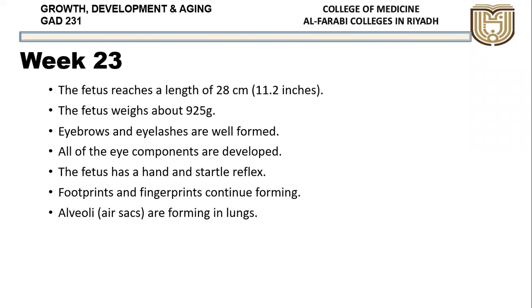Even footprints are very specific. These are formed at this stage of life, that is the 23rd week of intrauterine life. Whenever it is in the uterus, we call that life intrauterine life.